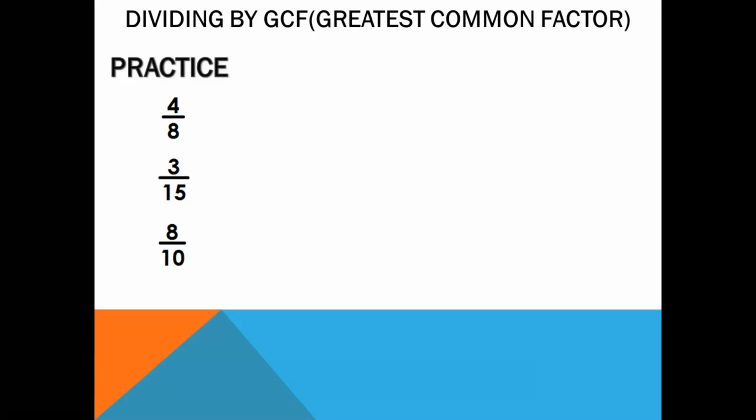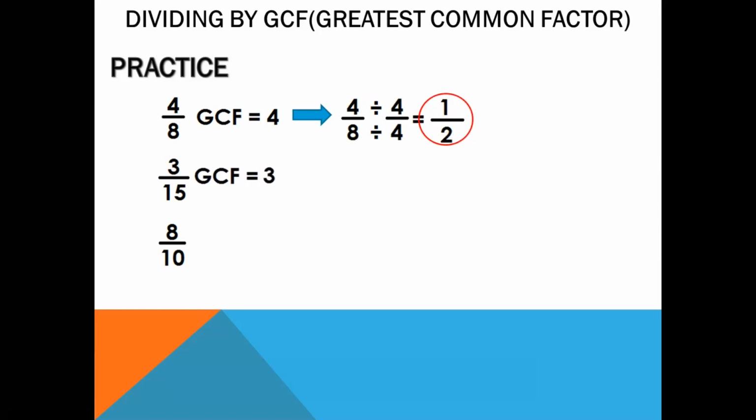Okay, what is the GCF of 4 and 8? We have 4, then divide the numerator and denominator by 4. 4 divided by 4, we have 1, 8 divided by 4, we have 2. Next, what is the GCF of 3 and 15? We have 3, then divide the numerator and denominator by 3. 3 divided by 3 equals 1. 15 divided by 3 equals 5.